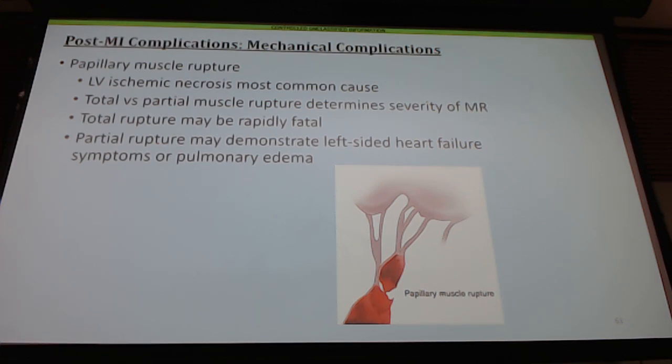Now I no longer have control of that valve leaflet, and that valve leaflet is potentially flapping in the breeze, leading to regurgitation. On the left side of the heart, we're talking about mitral regurgitation. If we're talking about the right side of the heart, we're talking about tricuspid regurgitation.